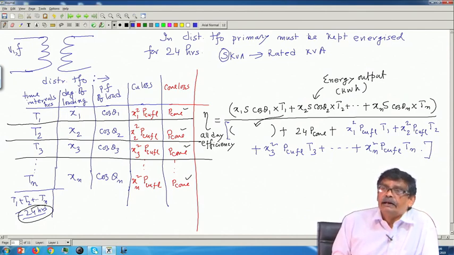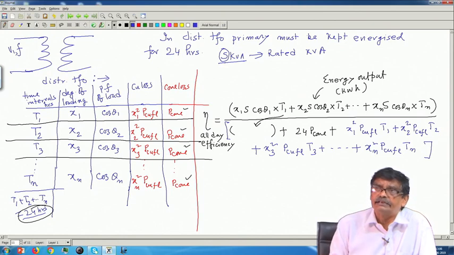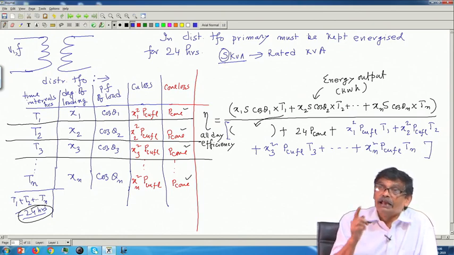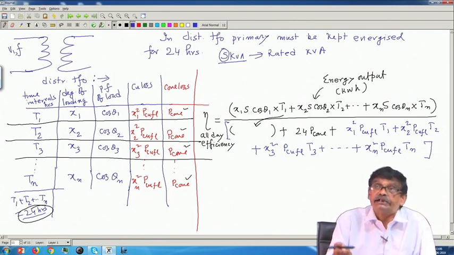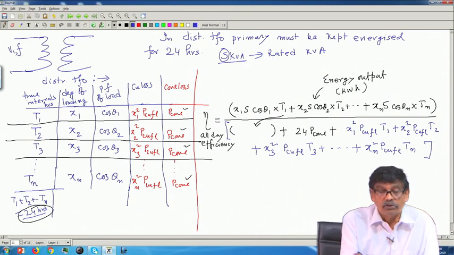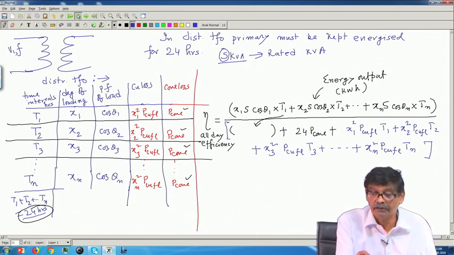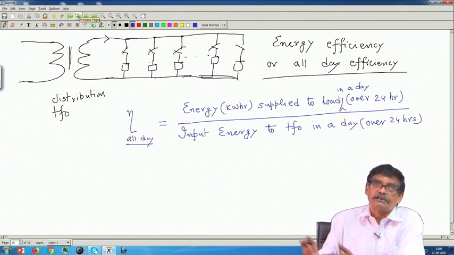Your transformer has a specific rating, S kVA is the rated kVA, fixed voltage ratings are there. But you will say I do not like to have the maximum efficiency to occur at rated condition, knowing fully well that the load on the secondary is not in my hand, it is going to change over time.